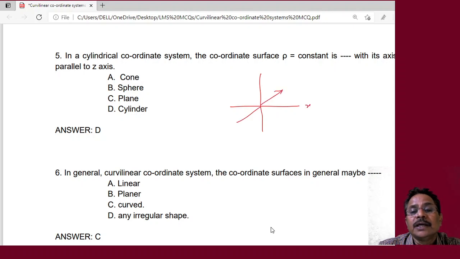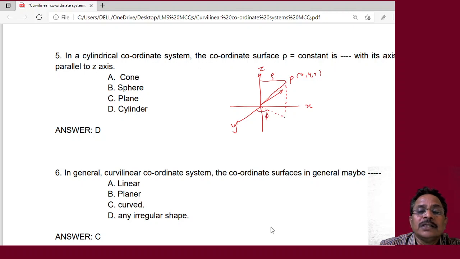This is my x, this is y, and this is z. Now let's take any point P here with coordinates x, y and z. The distance of this point from the z axis is given as rho, then the angle made by this with the x axis is given as phi.